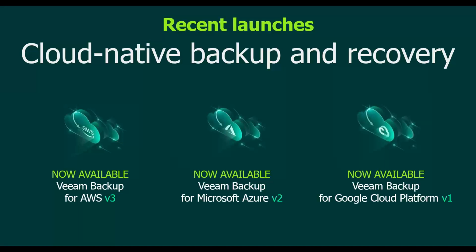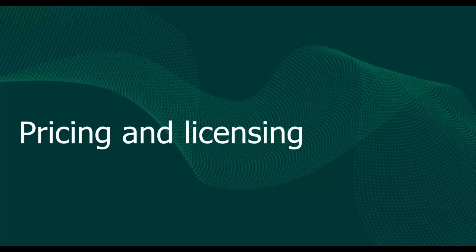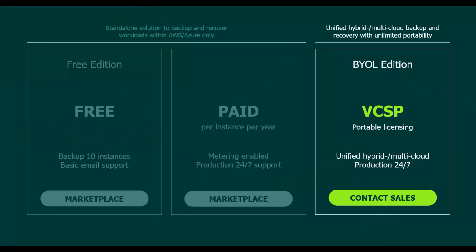Before I pass to Aaron, I just want to quickly go through licensing to get this nailed and forget about it once and for all, so we can focus on the product. As I've said, all of these products will be available either via the marketplace directly, so you can get them direct from AWS, Microsoft Marketplace, or GCP, and they will work just as they should.